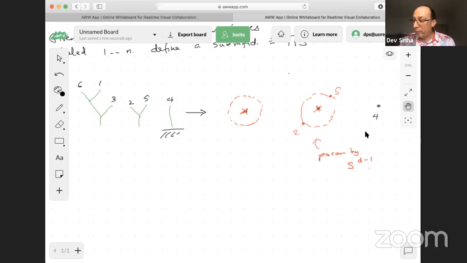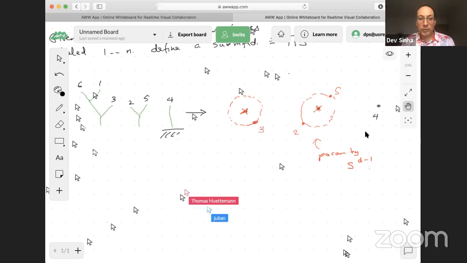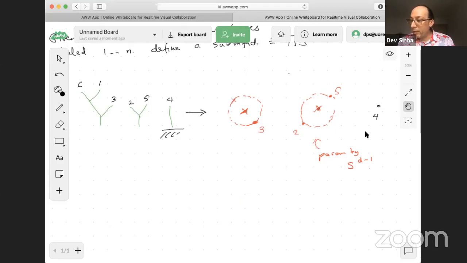Point 3 is one offshoot of that lowest internal vertex. But then I'm going to write the center of mass of points 1 and 6. So here I have an S^(d-1) cross S^(d-1) worth of possibilities.